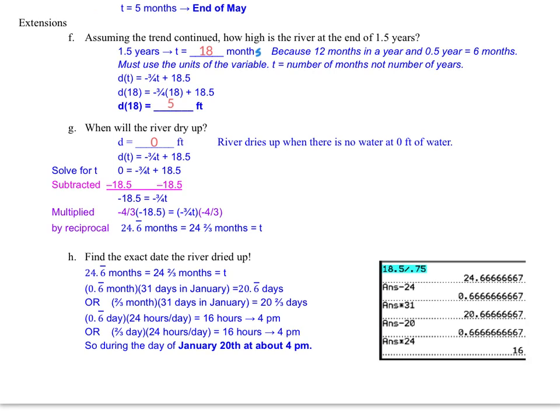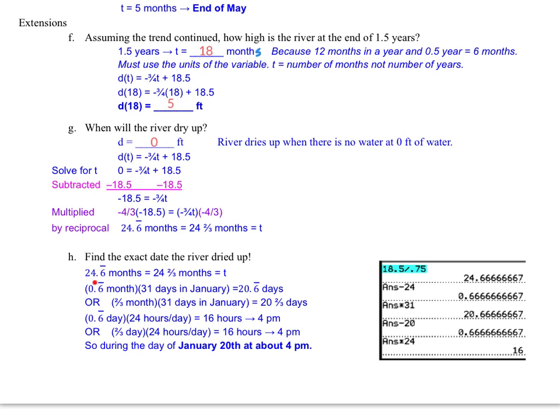First things first, where would the 24 months be? Well, since we start in January, 24 months is exactly 2 years. So what happens is we are already back to January. We then take the 0.6 repeating months, multiply it by 31 days in January, that's 20.6 repeating days. Now we take that 0.6 repeating, or 2/3, multiply it by the 24 hours in a day.